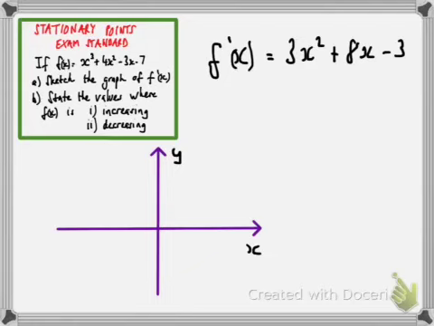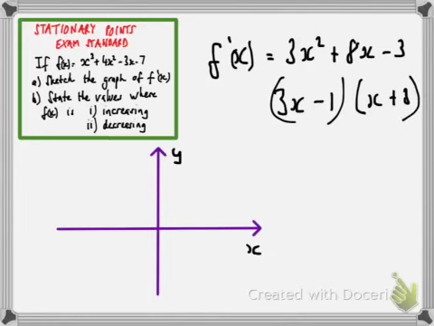Okay, so to graph this, to find the x-intercepts, we're going to factorise it. So we get 3x minus 1, x plus 3. Okay, so that's factorising the derivative there.